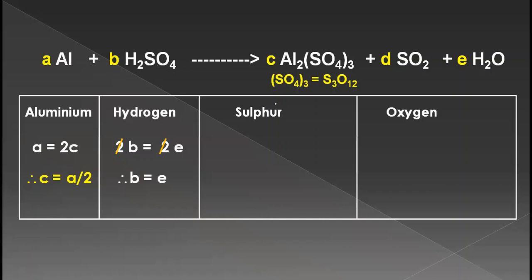And on the product side, there are 3 sulfur atoms in one molecule of aluminum sulfate. In this balanced equation, we have C molecules of aluminum sulfate. Therefore, in C molecules, there has to be 3C sulfur atoms.